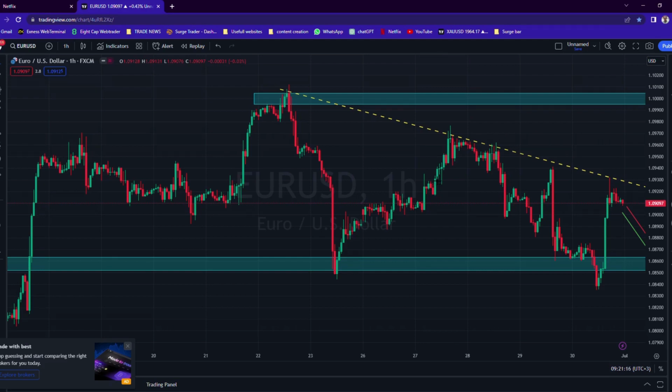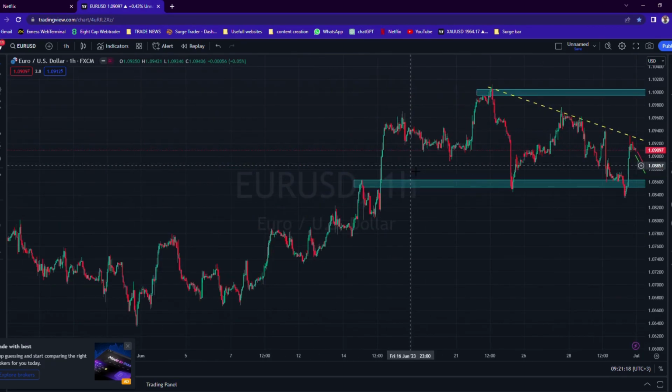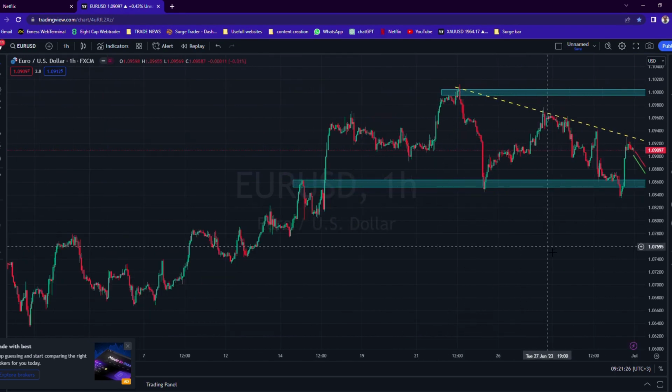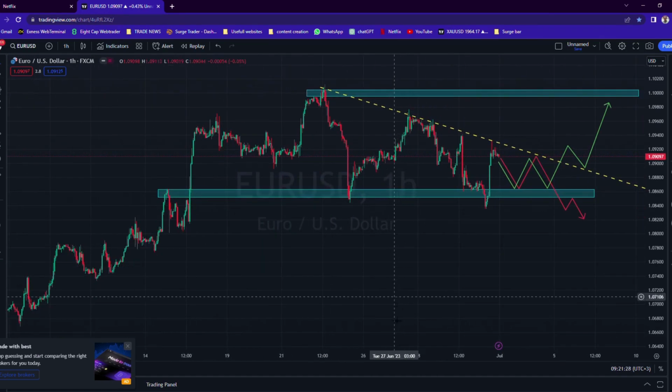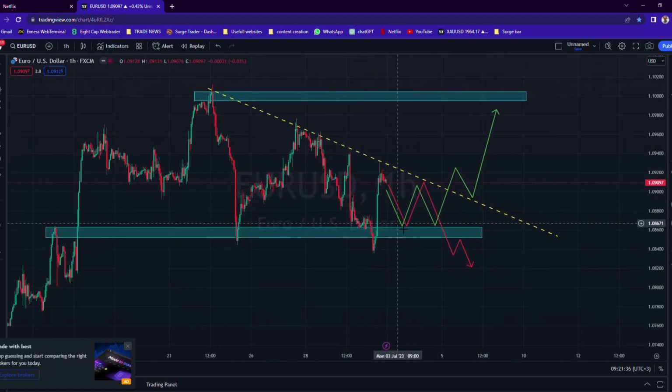So as we can see, Euro USD is still strong on the upward side, but in the last week, Euro from around 26 till now has been weakening day by day. But as you can see, the market structure right now, we are looking at a trend line that is holding strong.